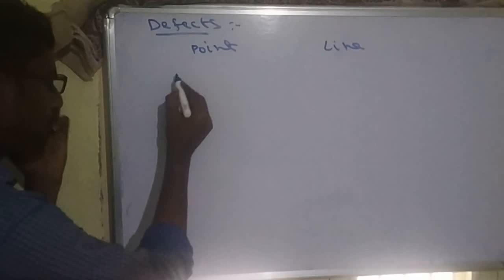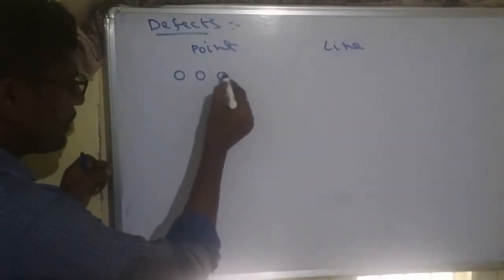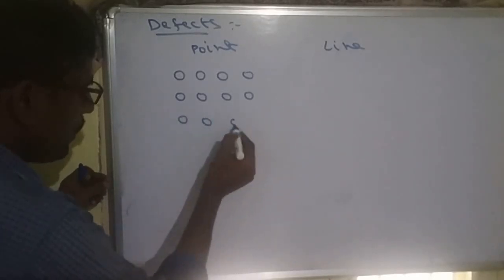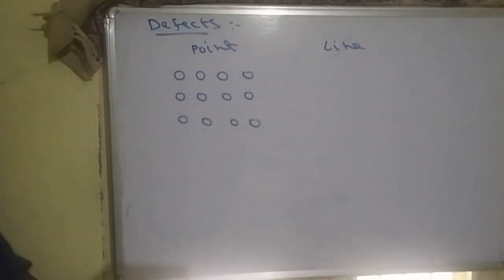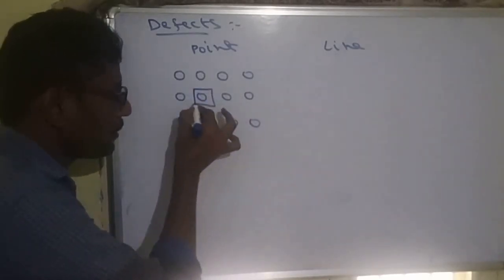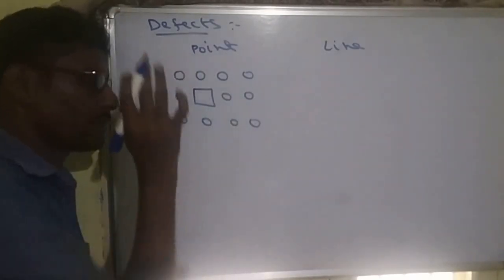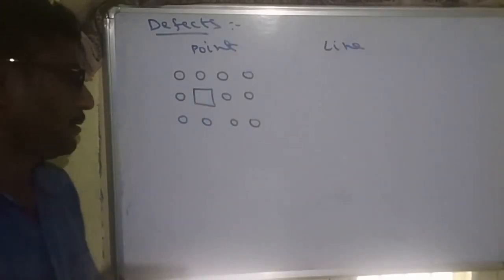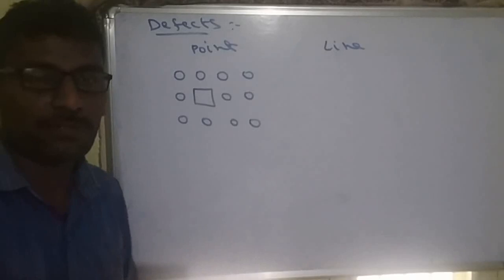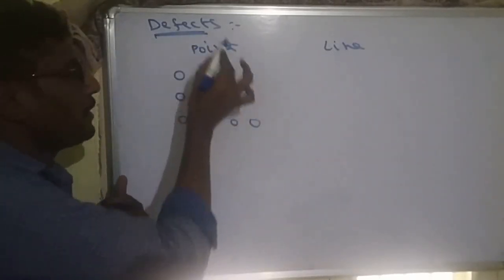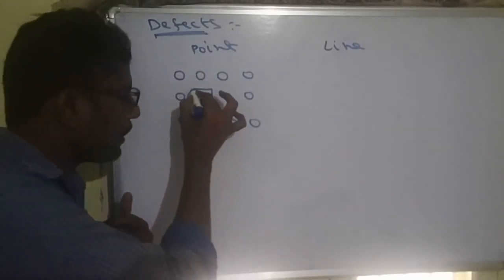What does point defect mean? Suppose in a crystalline solid, all particles are regularly arranged. At a particular lattice point, suppose a particle is missing. When the particle is missing, it becomes irregular. So exactly all particles are not present. This irregularity we call a defect. But this irregularity is happening at a particular lattice point.